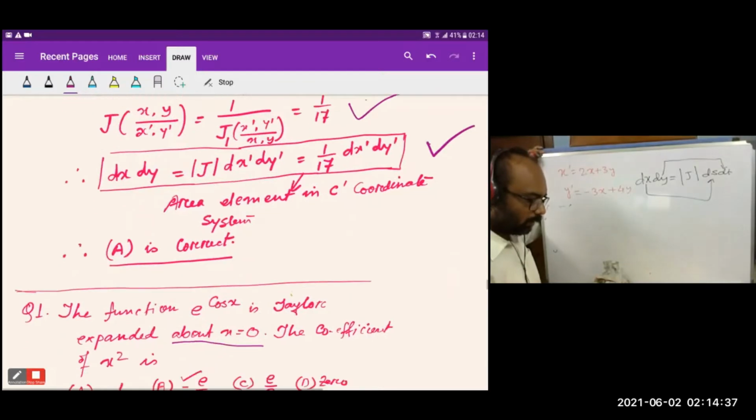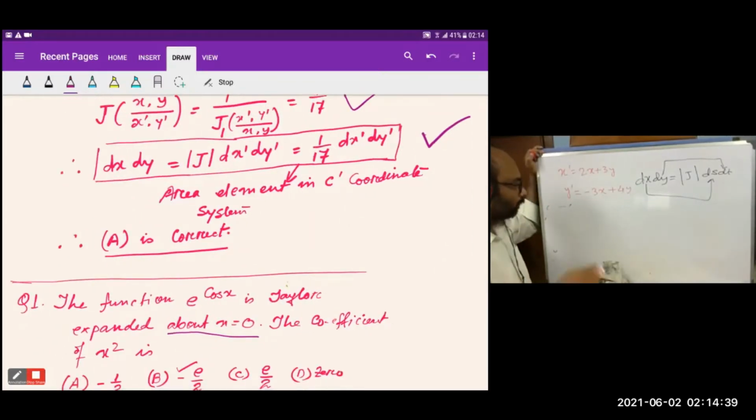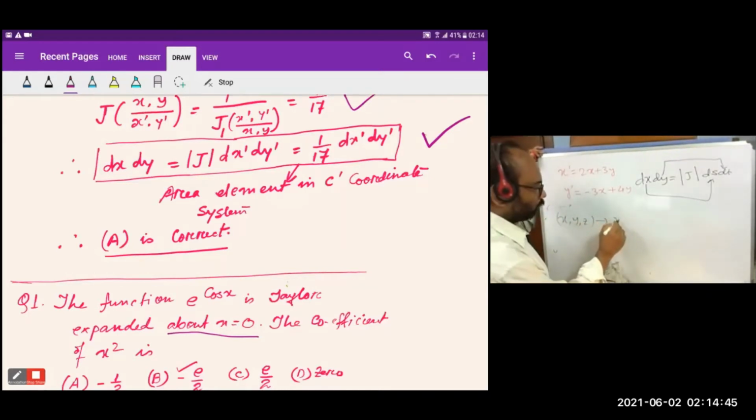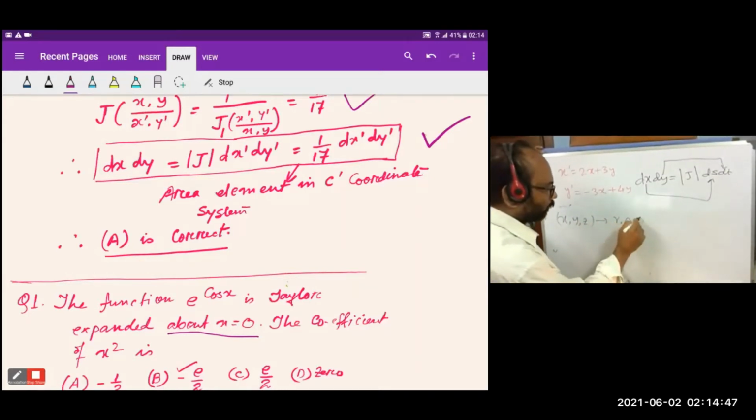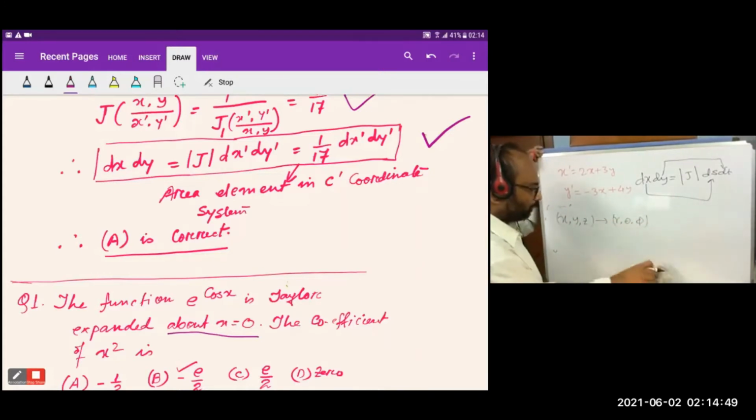So using this Jacobian concept, we can go from x, y, z to r theta phi coordinate system.